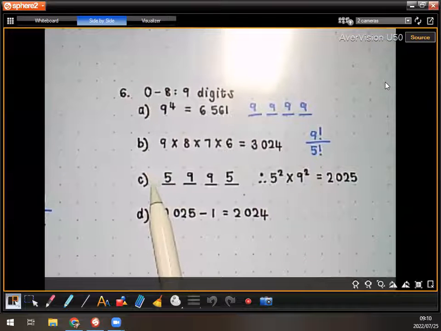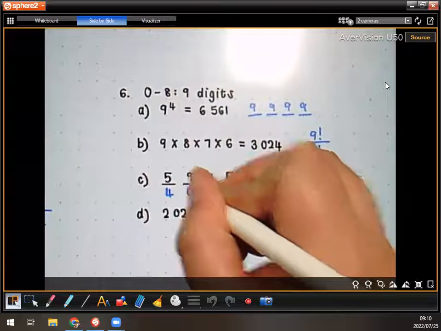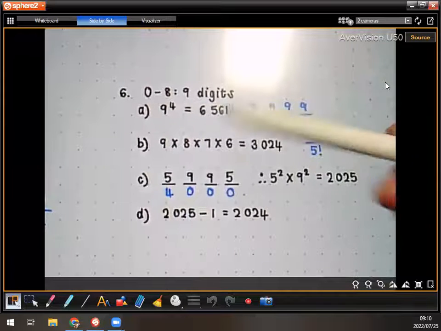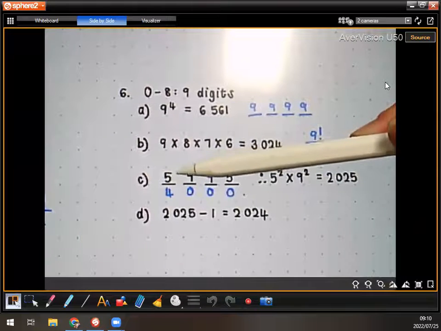If it's greater than or equal to 4,000, I mean, right? So it can be 4,000, it can be 4,001, it can be 4,100, it can be 5,010 or whatever. Any number that's greater than or equal to this. So we have to have a 4 or 5 or 6 or 7 or 8. So that's why the first number there is 5. There are 5 options, right?